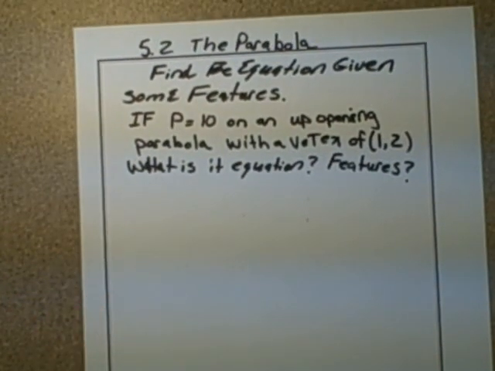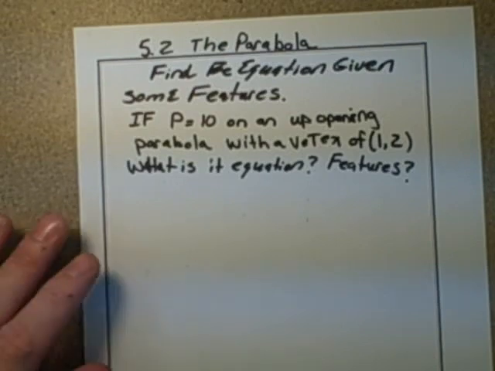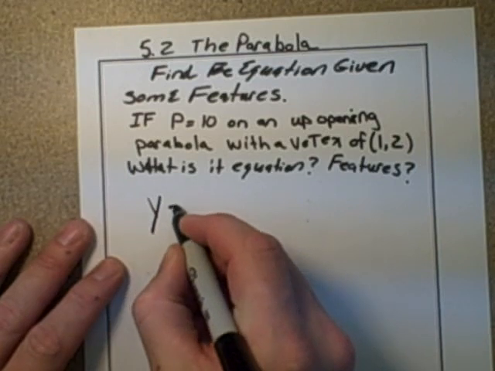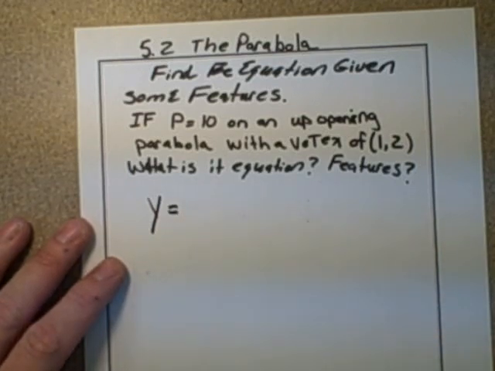Okay, they say, if p is 10 and it opens up, and the vertex is 1, 2, what is the equation of the parabola? So if it's opening up, we know it's a vertical parabola, so y equals, and h and k.